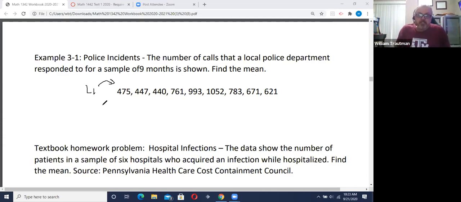Okay, so hopefully you've entered all this data into list 1.